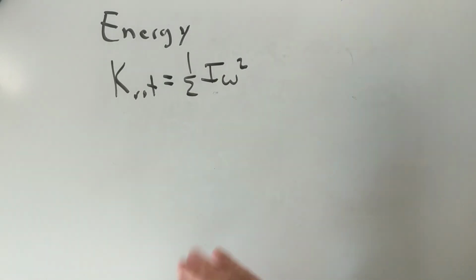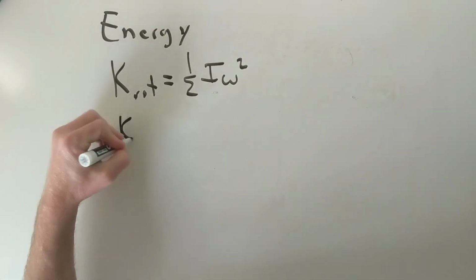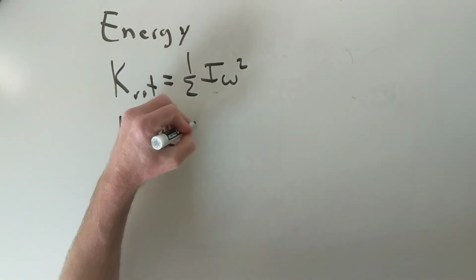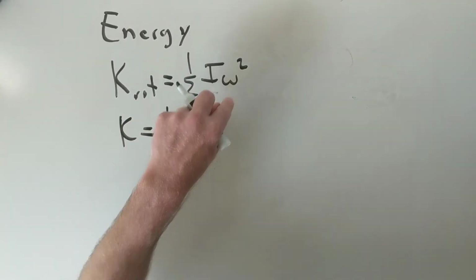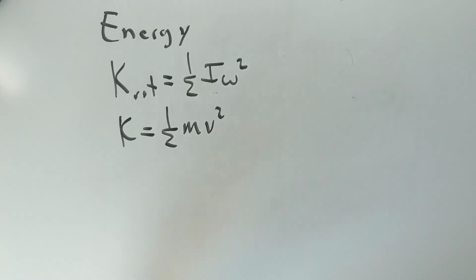This mirrors 1/2 mv squared that you have for your normal kinetic energy. I is the rotational version of mass, omega is the rotational version of v. So it works out really well that you're not really learning something completely new.